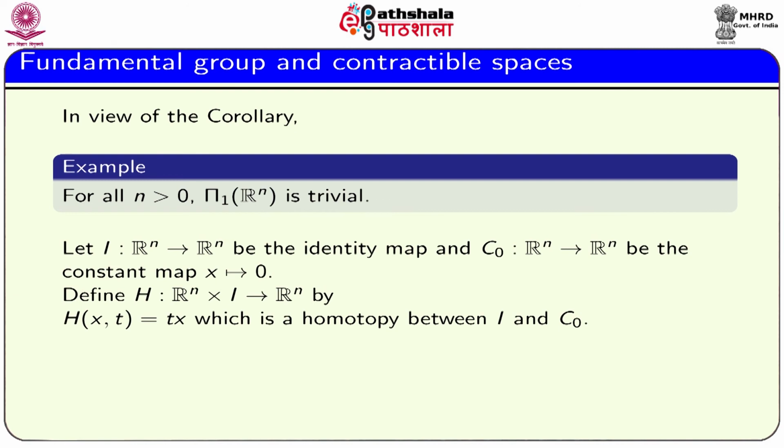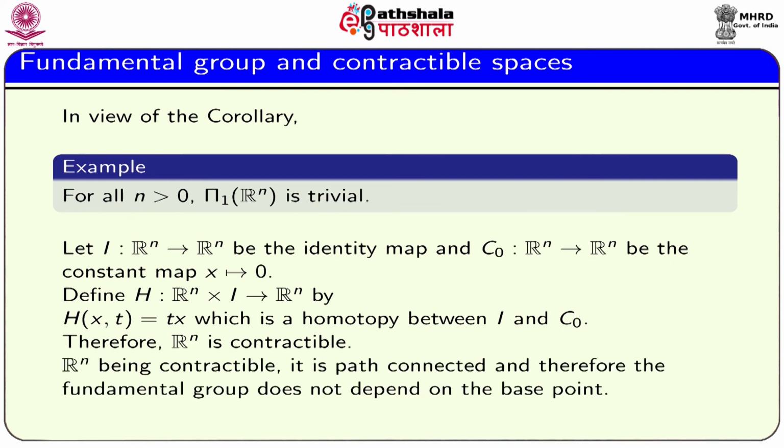When t equal to 0 we get back the constant function C0, and when t equal to 1 we get back the identity function I. So, it is a homotopy between I and C0, and therefore R^n is contractible. And since R^n is contractible and we know that it is path connected, we can conclude from the corollary that the fundamental group of R^n is trivial.